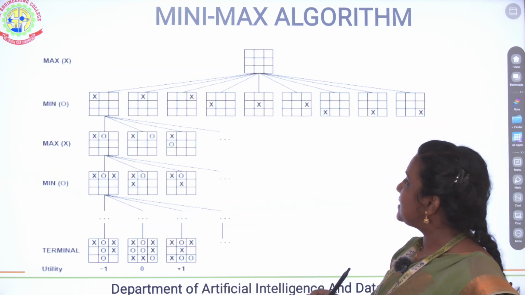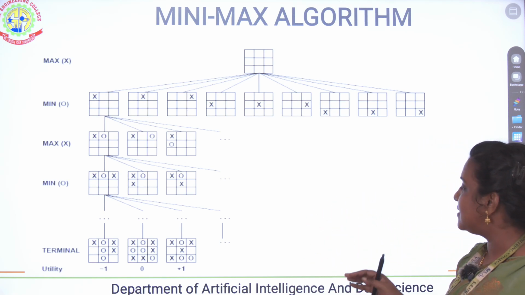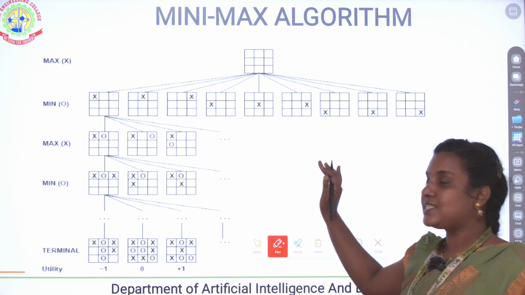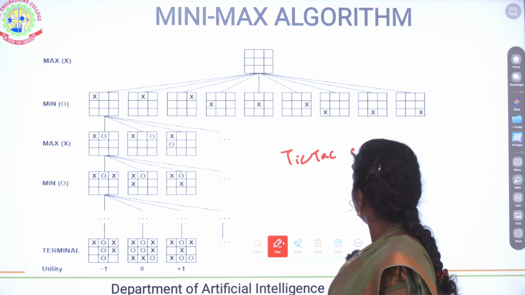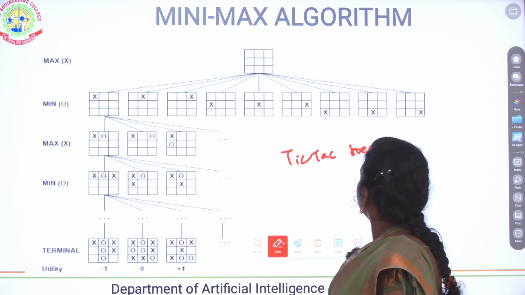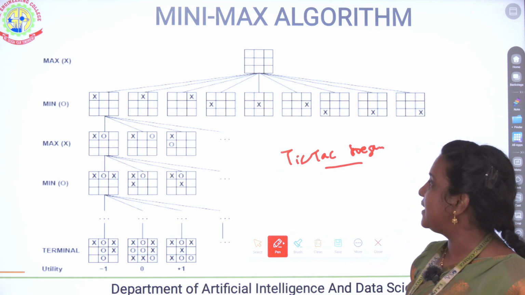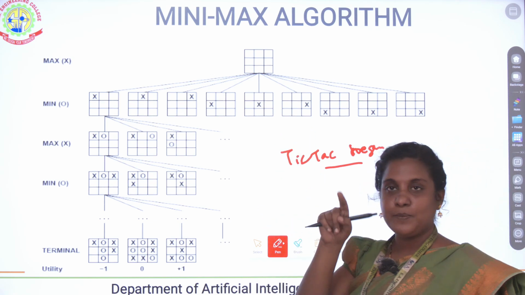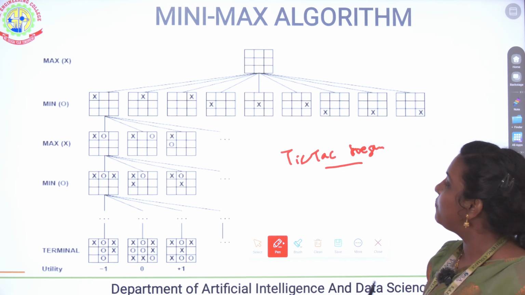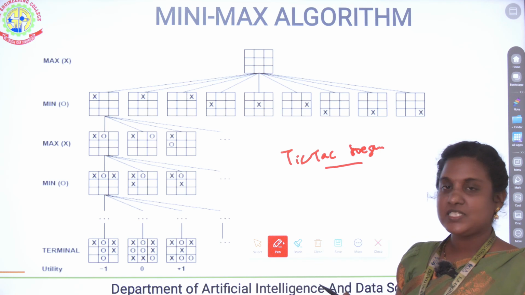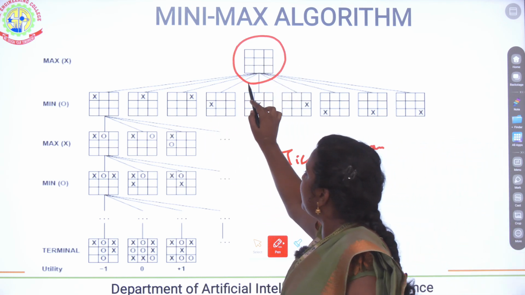Before going to the example, this is the example for the tic-tac-toe game. Here we have two players, the max player and the min player. The max player will put X, the min player will put O. Here the initial state will be like this, it is empty.